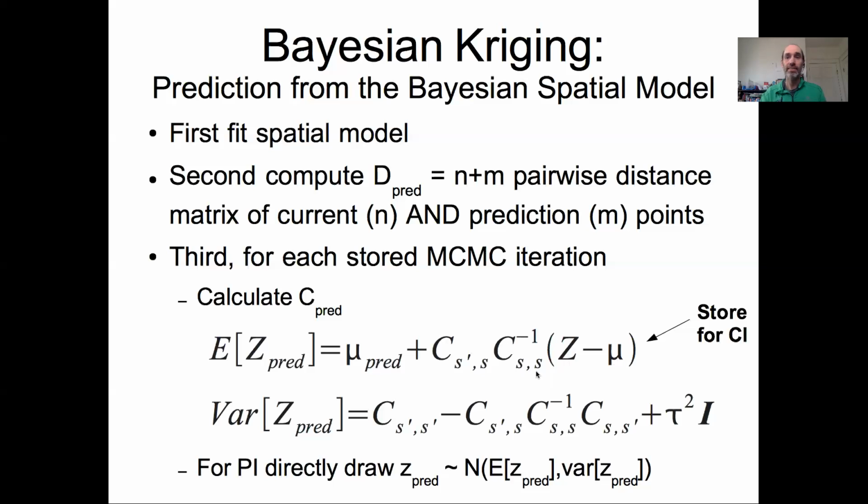This C SS, as we'll see in the next slide where we talk about submatrices, is the component of that overall predictive covariance matrix that involves the covariance between the original points. So this is our original covariance matrix, and we're taking the inverse of that, which is analogous to dividing our data minus the mean by the covariance.